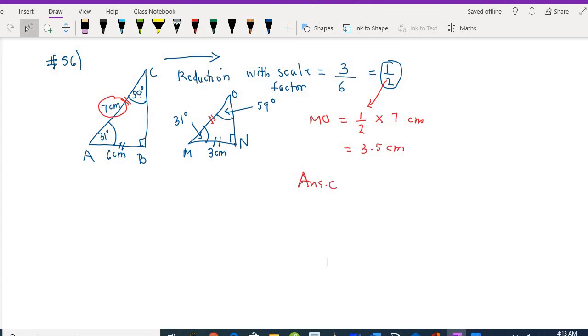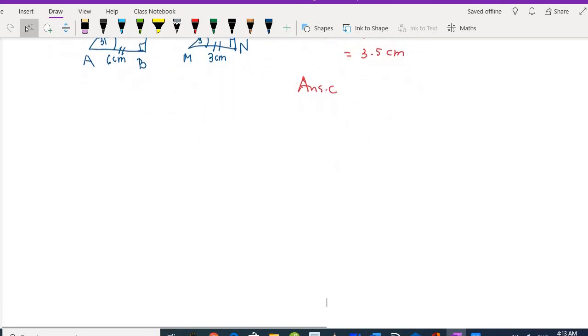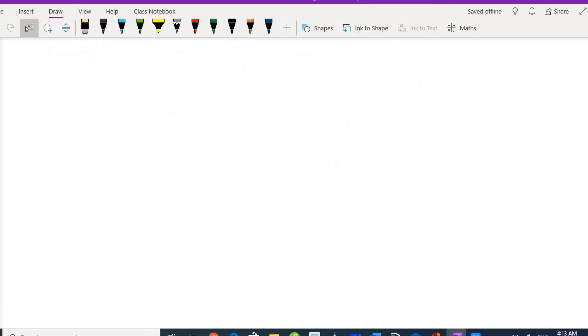Right, so we are now on question 57. Right, number 57. What is 57 about? Let's see. Okay, in this question, number 57, again, you are being given a right angle triangle here.